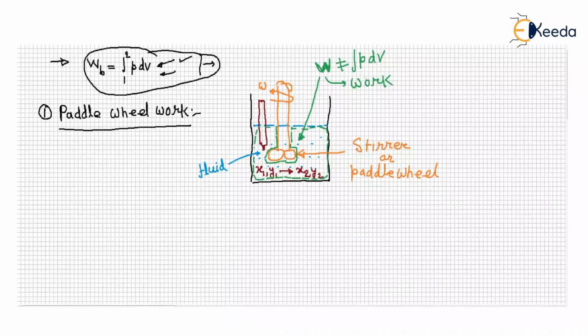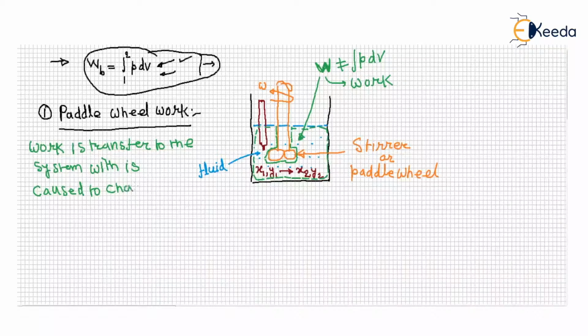When you rotate the paddle wheel with angular velocity omega, you are indirectly giving energy to the system in the form of work, so its property will change. So work is transferred to the system, which causes the system property to change.